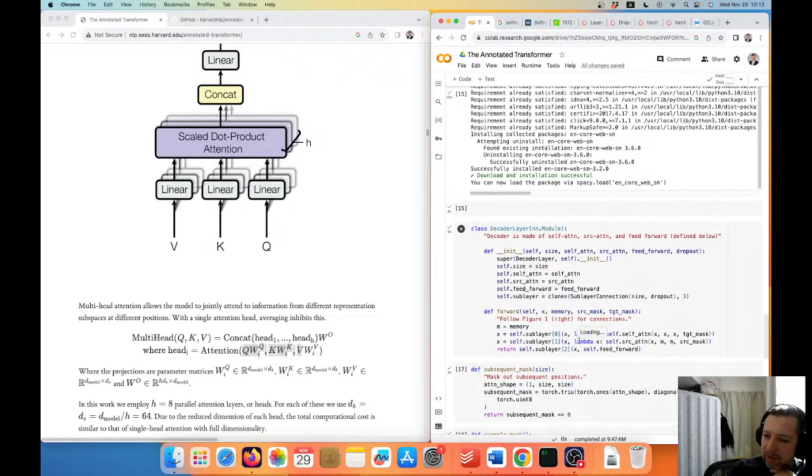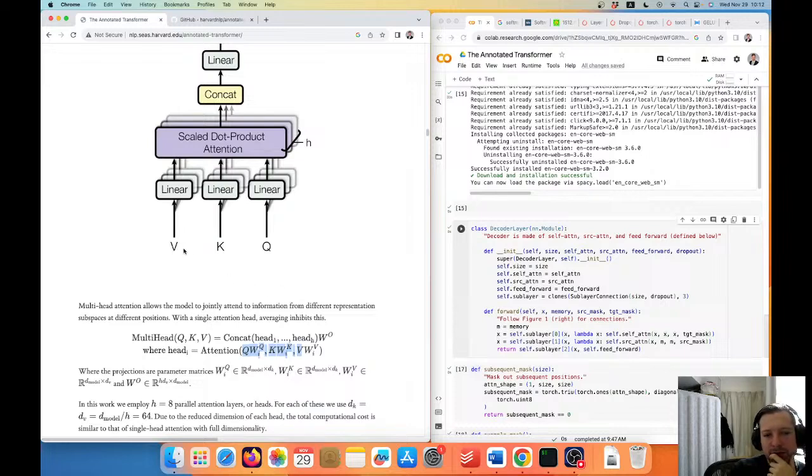It does self-attention, giving it a copy of the input for each of these, right? So even though we think of this as values, keys, and query, at this stage these are all just X, X, X. It's just the input copied 3 times, right?